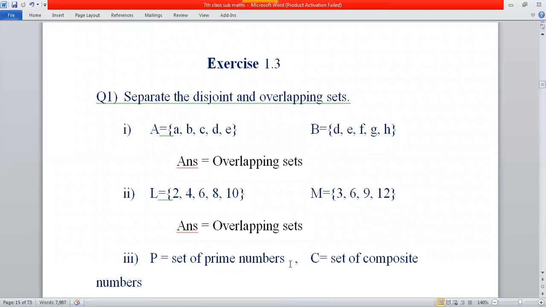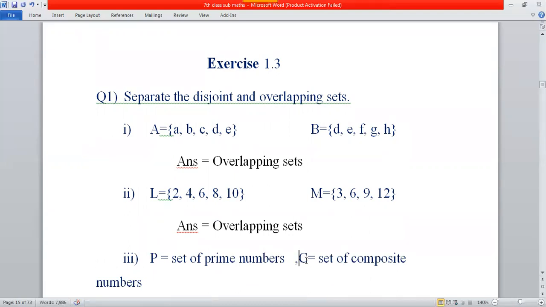Now come to the third part, set of prime numbers. We already discussed prime numbers in our first and second videos. Again, I'm going to repeat it: prime numbers are divisible by 1 or by itself. The second set is composite numbers.